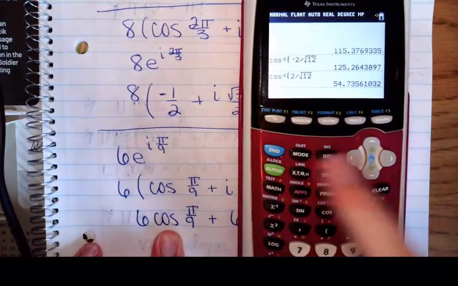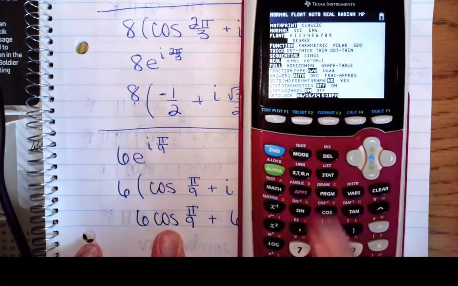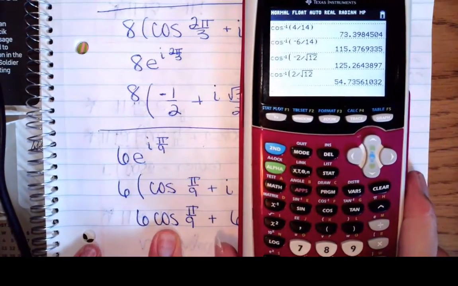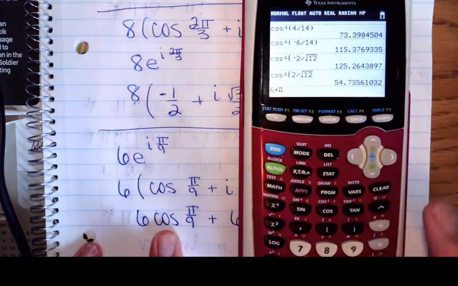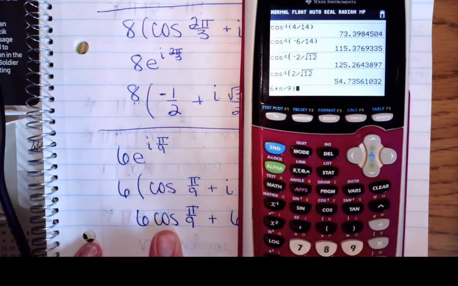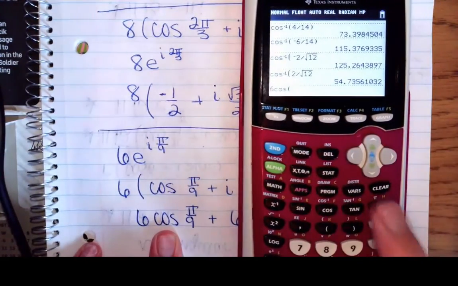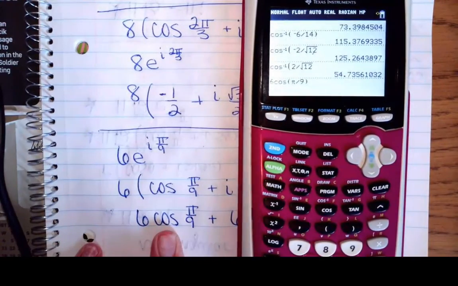Now, making sure that you are in radians first, I am going to say 6 times the cosine of π/9.